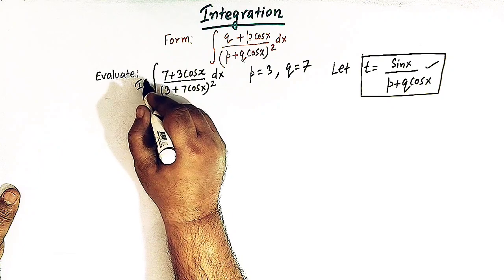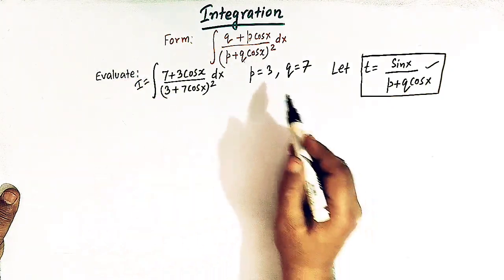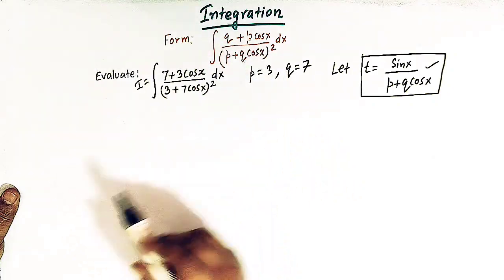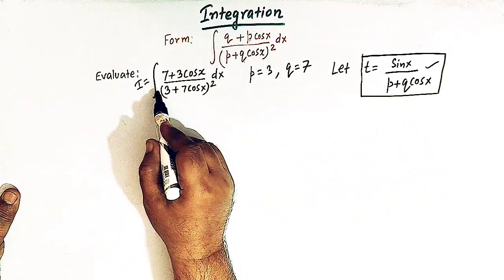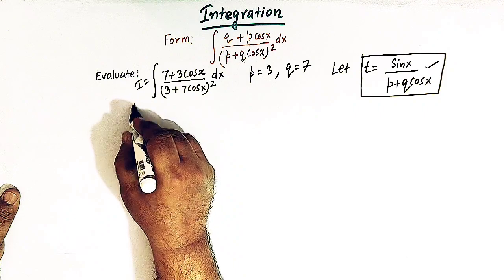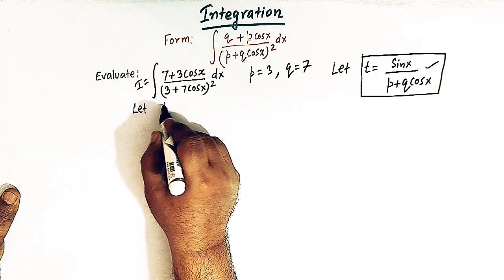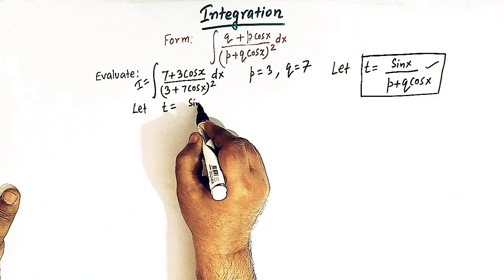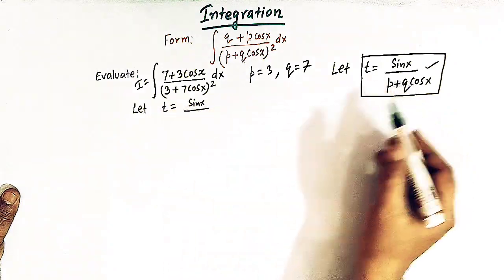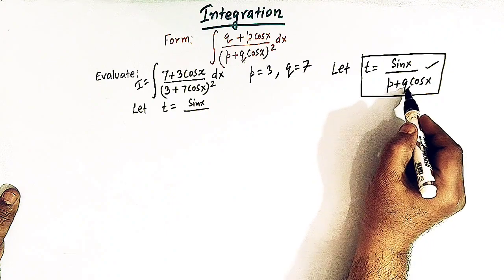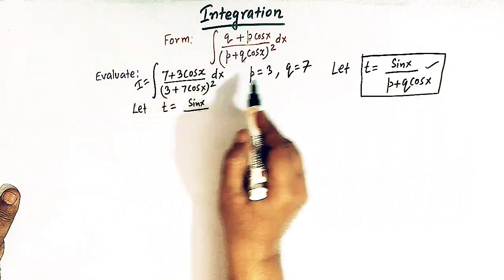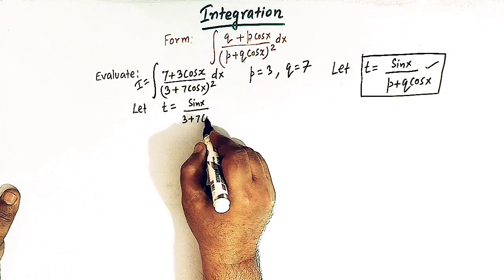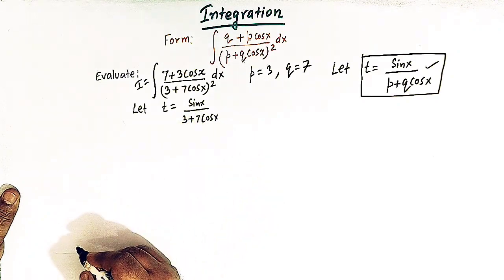Here let us call this integral as I, and here we have p is equal to 3 and q is equal to 7. So our substitution in this case will take the form t is equal to sine x, and in the denominator we have p plus q cos x, and here p is 3, so we have 3 plus 7 cos x, right?